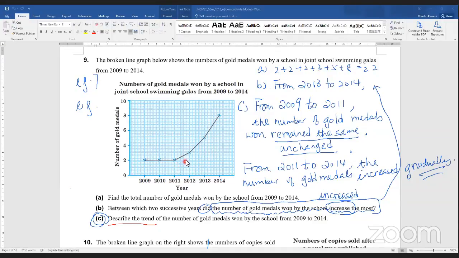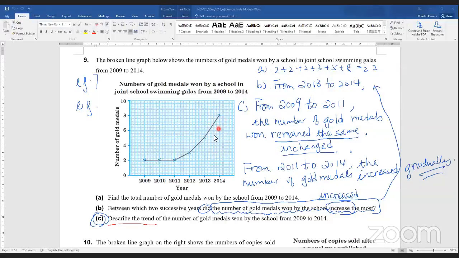From 2011 to 2012, the increase is only 1. From the next part, 2012 to 2013, the increase is 2, from 3 to 5, and then from 5 to 8, increase by 3.